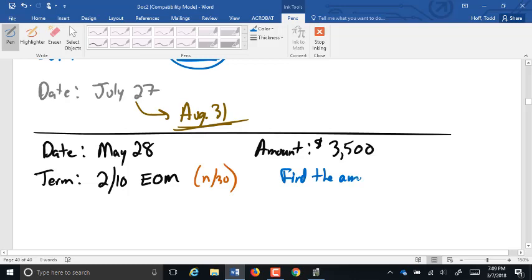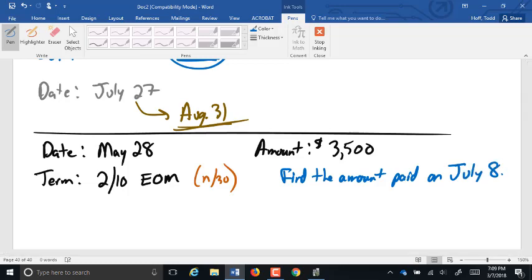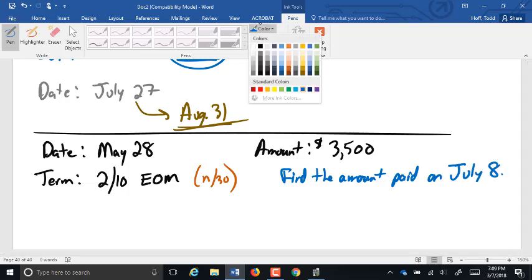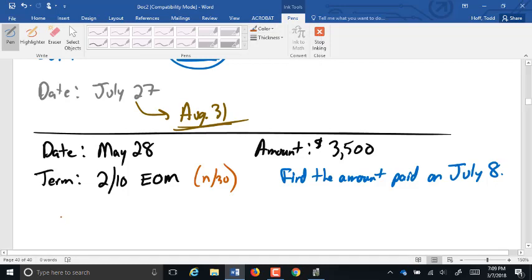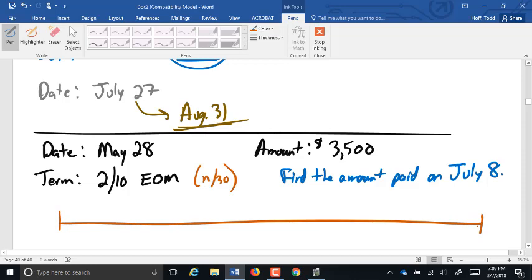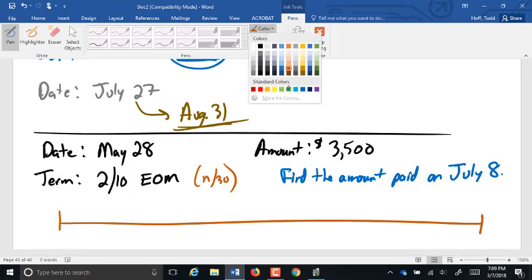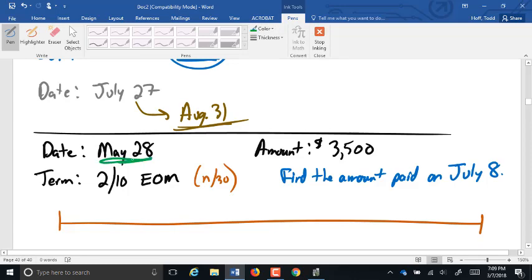Find the amount paid on July 8th. Now, July 8th seems like a long ways off. But where does this timeline start? Does this make it into the May batch?